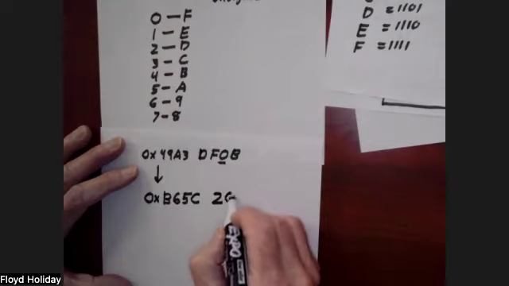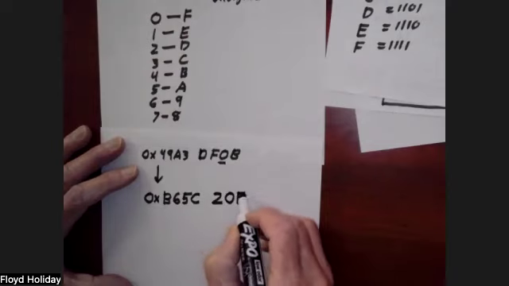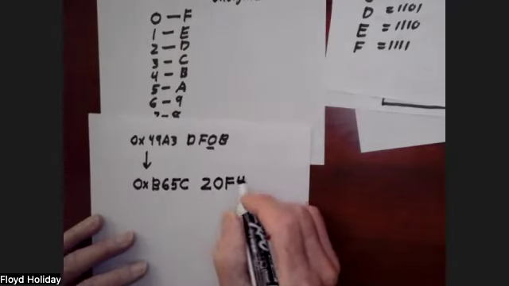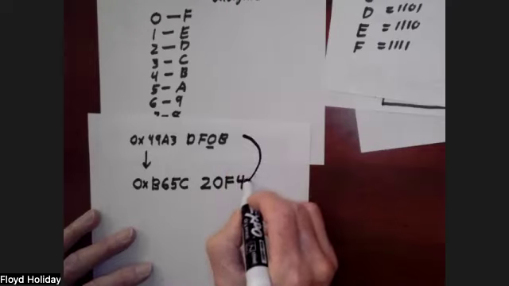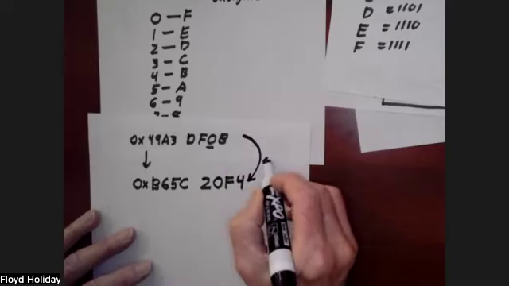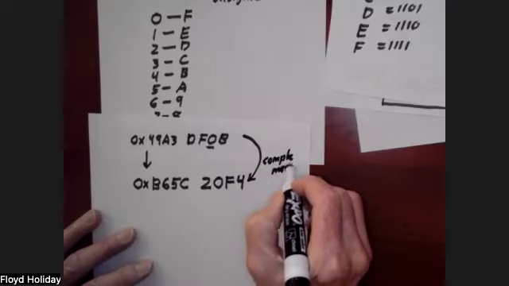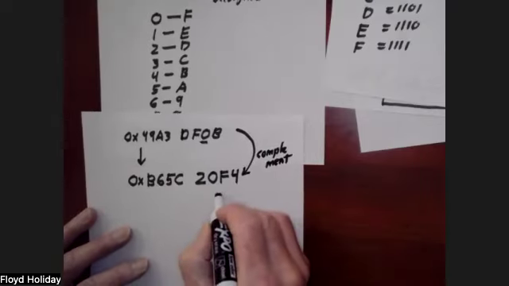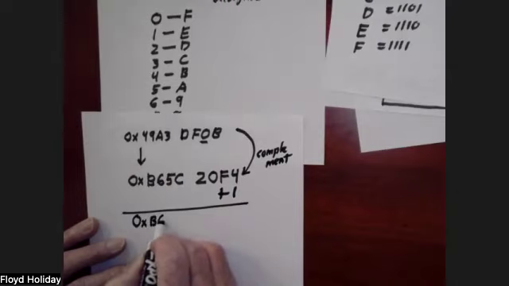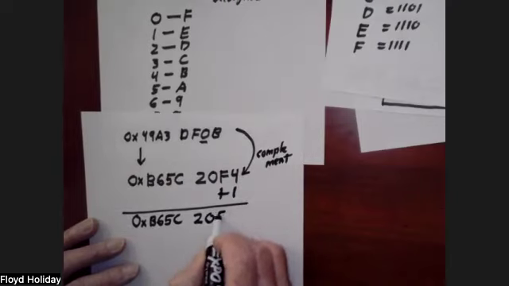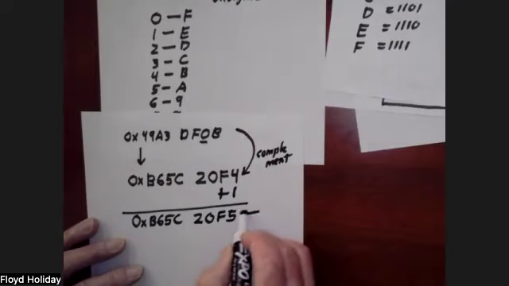F becomes 0. 0 becomes F. And B becomes a 4. That's the complement of the starting number, but it's not the negative. The negative you get by adding 1. And then it's 0xB65C20F5. This is the negative.